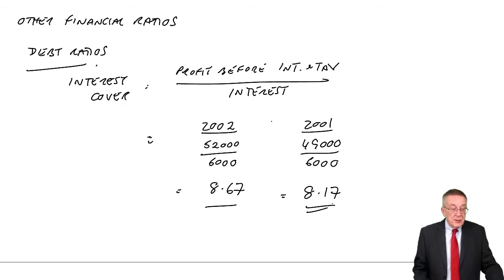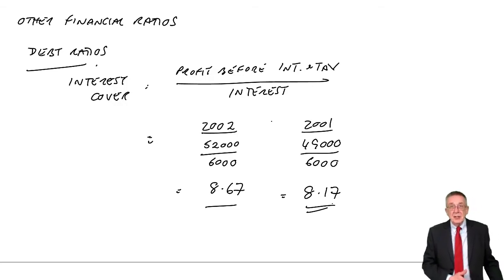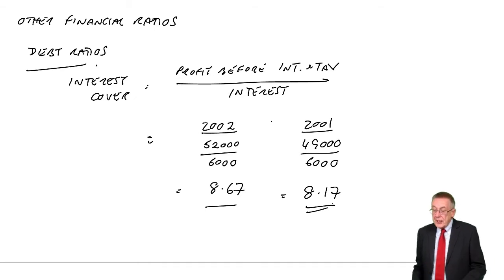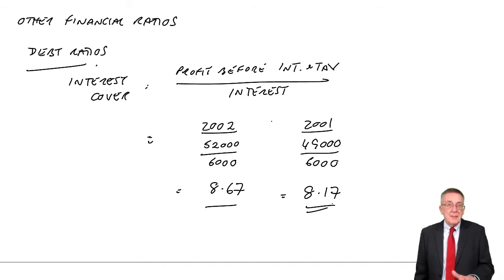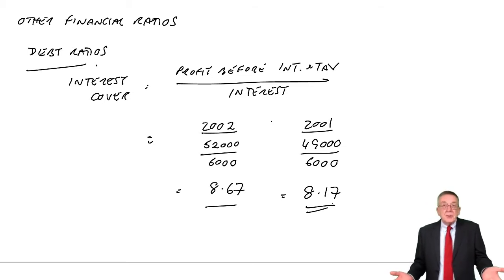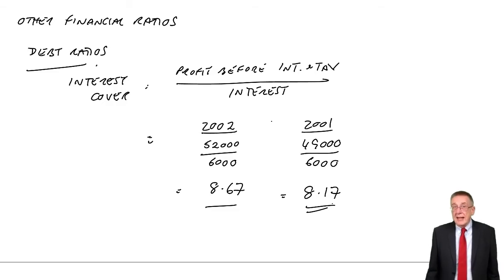So even if profits were to fall in the future, they need to fall by a huge amount before they couldn't pay the interest. If the interest cover was only 1 point something, then I might be rather scared. If profits were only 7,000, let's say, it would mean if profits fell next year, they wouldn't have to fall very much, and then they can't pay the interest, then we have a problem.